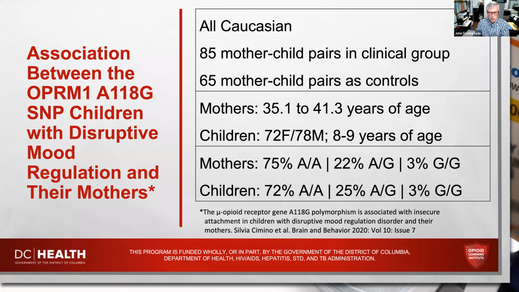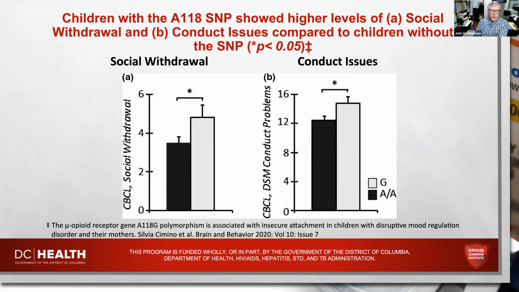Okay, so what did that mean? Well, when they looked at social withdrawal and conduct issues, they actually found a statistically significant difference between the mothers and the children with the single nucleotide polymorphism, the A118G. I guess I left the G off of there.